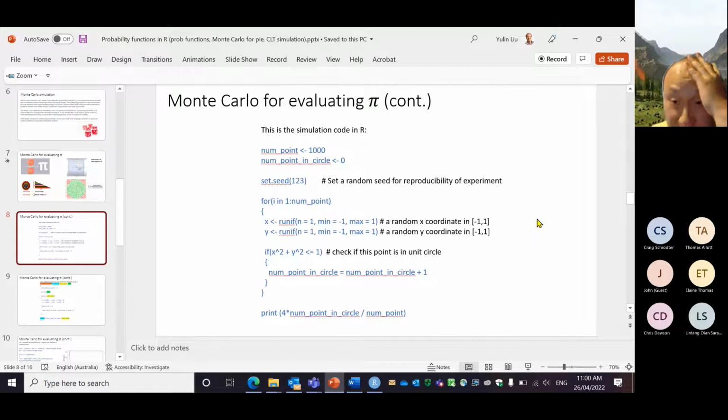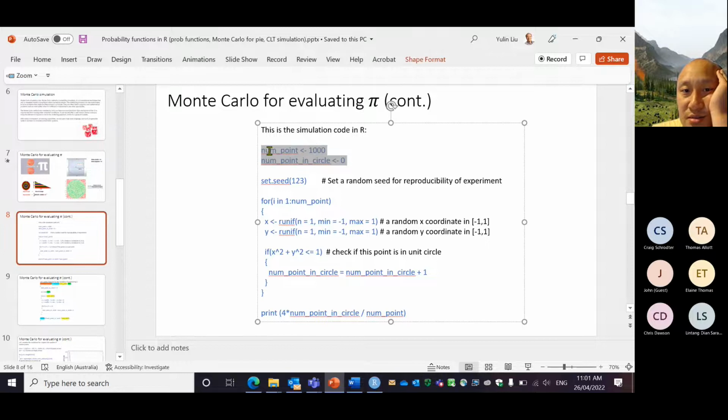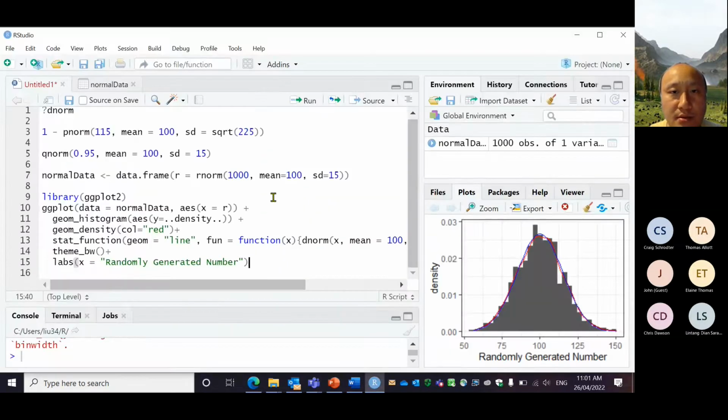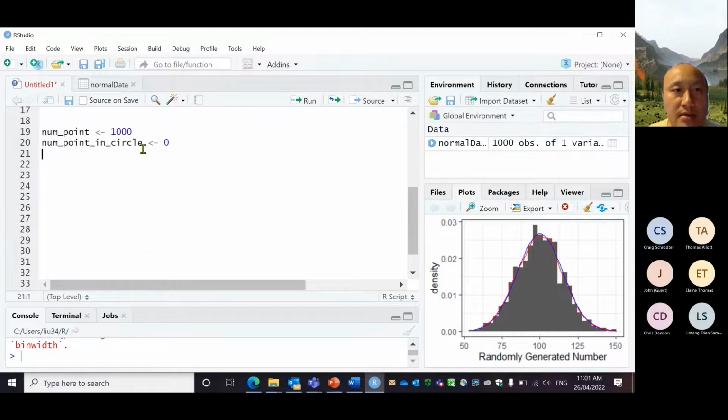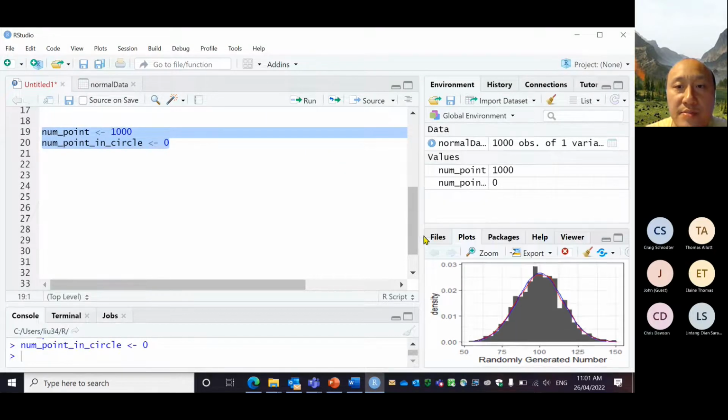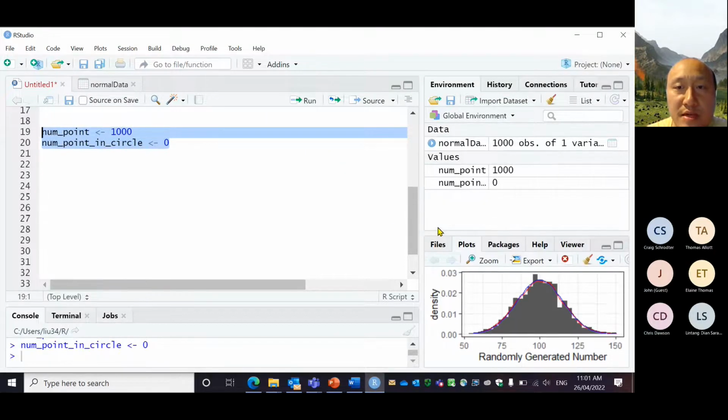And then I'm going to create another object called number of points in circle, with an initial value of 0. Initially nothing is in the circle because we haven't started calculating yet. Let's do this. All right, I just created 2 objects: the number of points, 1,000, and the number of points in circle, initially 0.